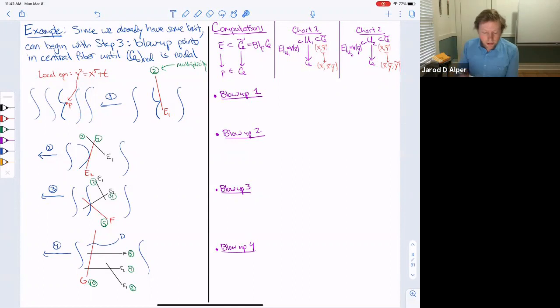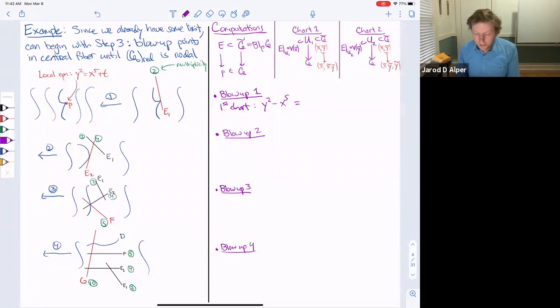All right, so let's compute the first blow up, and let's look at what happens in the first chart when I take the pre-image. The original central fiber is y squared equals x to the fifth, so y squared minus x to the fifth.